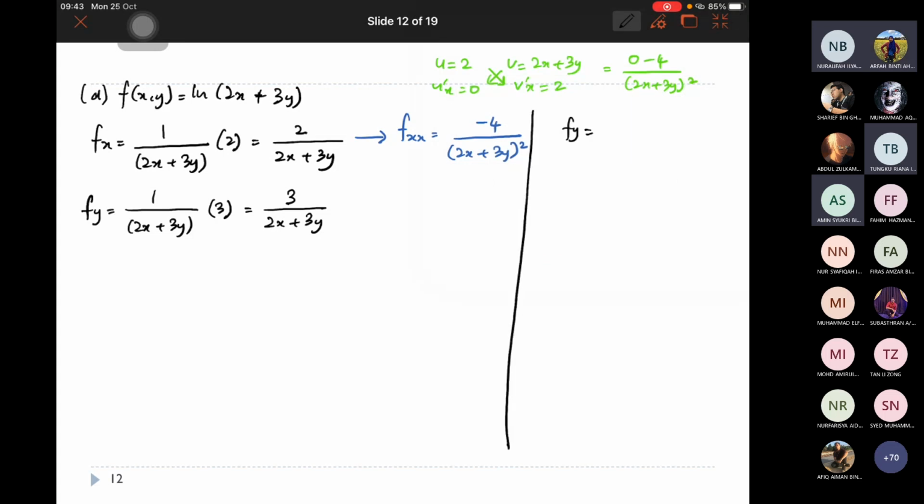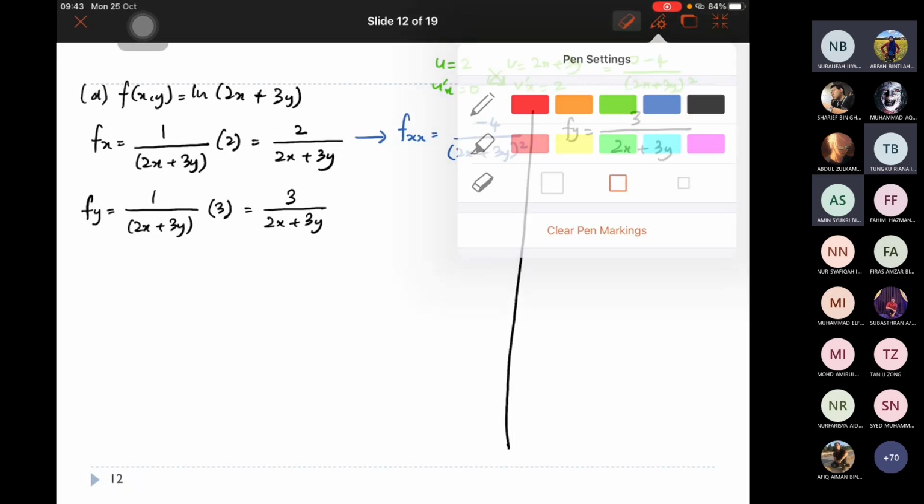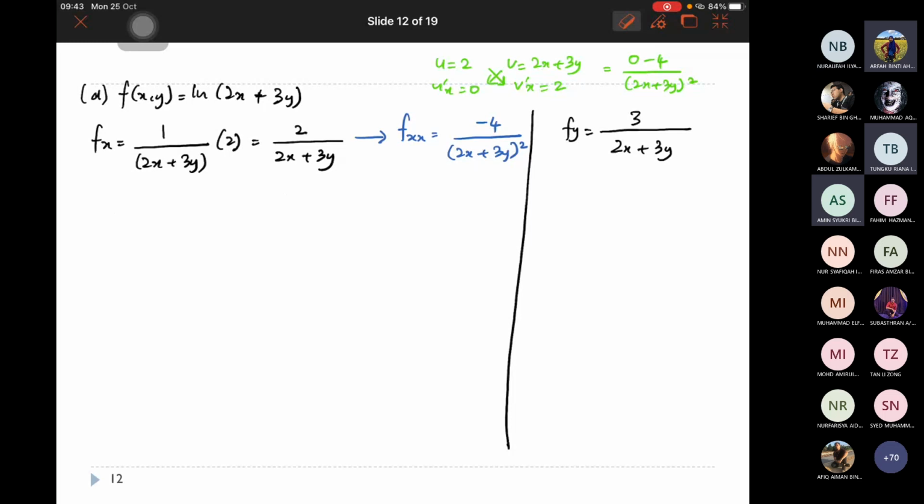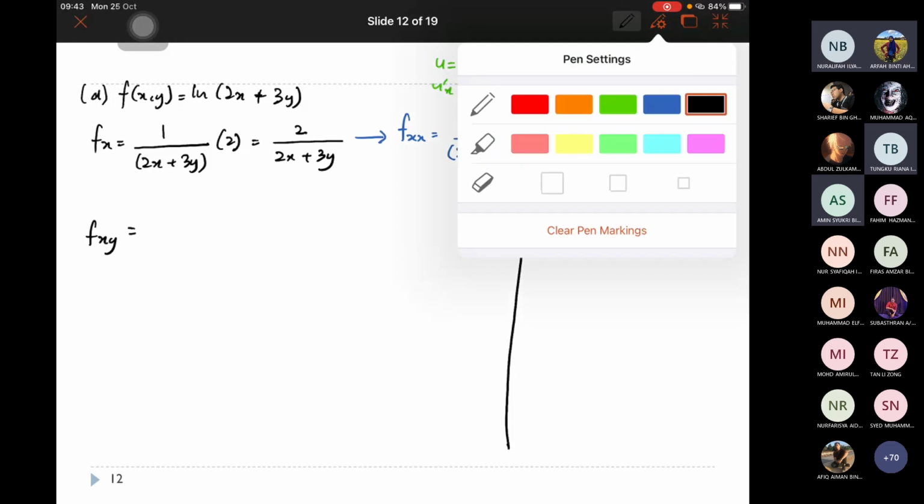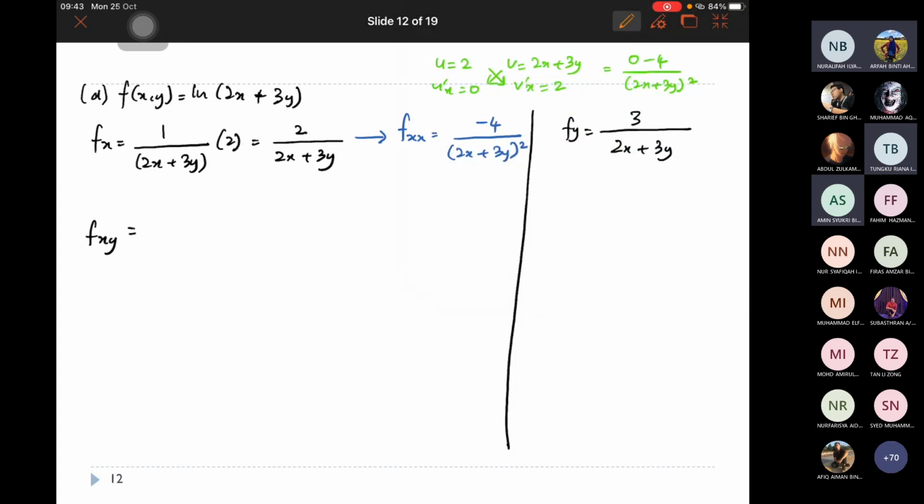Fy sama dengan 3 per 2x tambah 3y. So, fxy. Apa pula fxy? Okay. So, from here sama je. Take your u sama dengan 2. U prime y equal to 0. V sama dengan 2x tambah 3y.